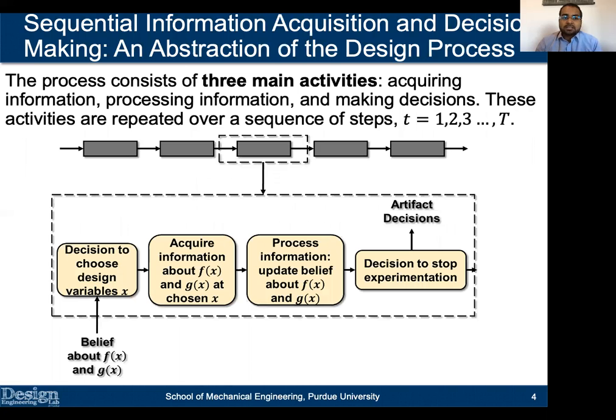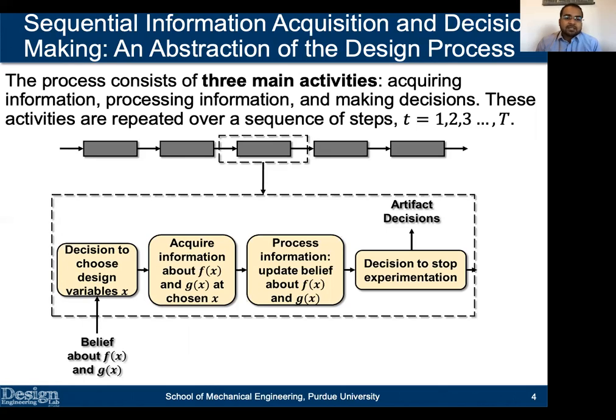Across all the tasks, there is an abstraction of the design process which these human subjects follow, and it is divided into three main activities. At any step in the design process, these human subjects can choose a design, which we term X. For that design, they can acquire information about how well it achieves the objective, and whether the constraints at that point in the design space are satisfied or not, through experimentation.